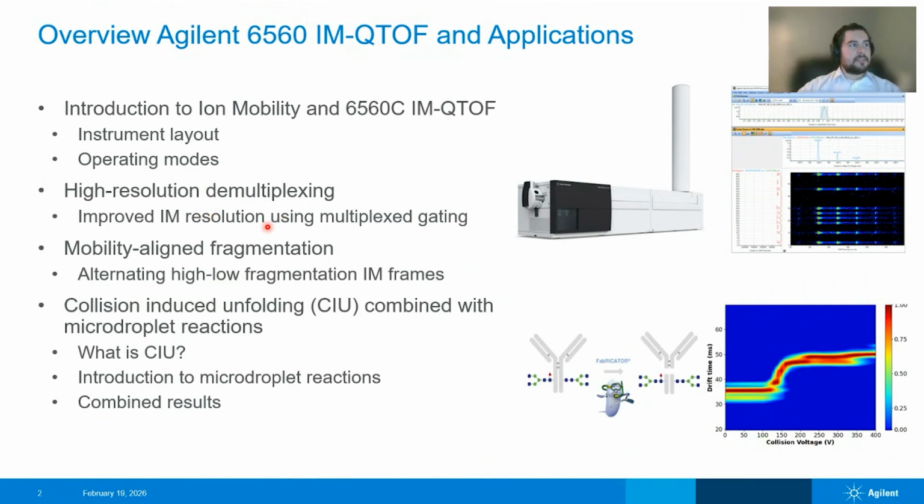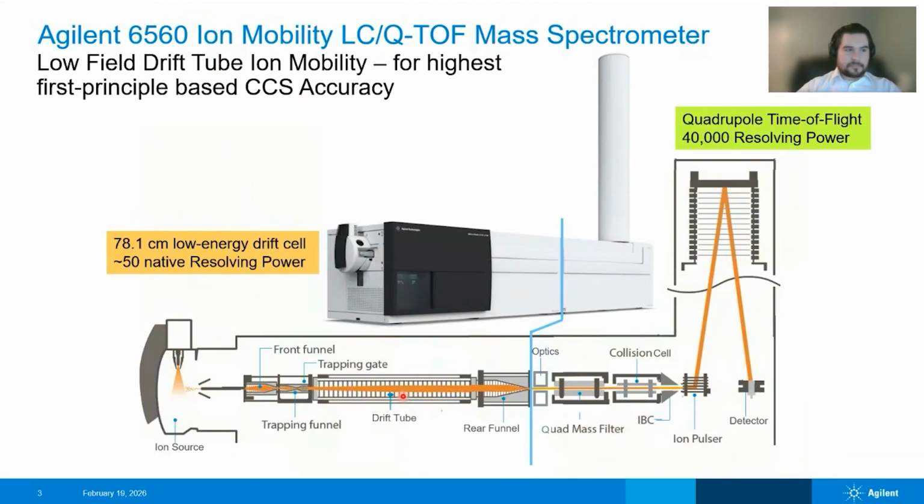The three main ones I picked out are what Agilent calls the demultiplexing workflow, the mobility aligned fragmentation, which several types of ion mobility do, but this is Agilent's flavor of mobility aligned fragmentation using ion mobility, and then collision-induced unfolding, which originated from Brandon Rutlow's group in Michigan. But I'll go ahead and start with the instrument.